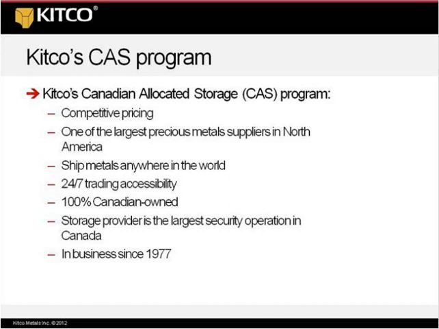We have distribution arrangements with the Royal Canadian Mint, the Mexican Mint, the Australian Mint, the Perth Mint. We have 24/7 trading accessibility to your account. And most important, we are 100% Canadian-owned. Our storage provider is the largest security operation in Canada, holding assets for 90% of all of the Canadian banking industry.